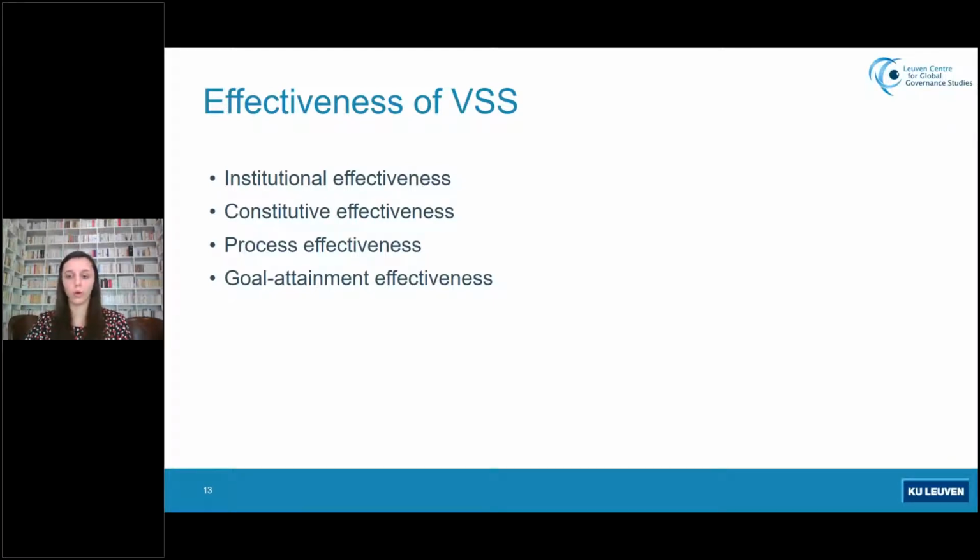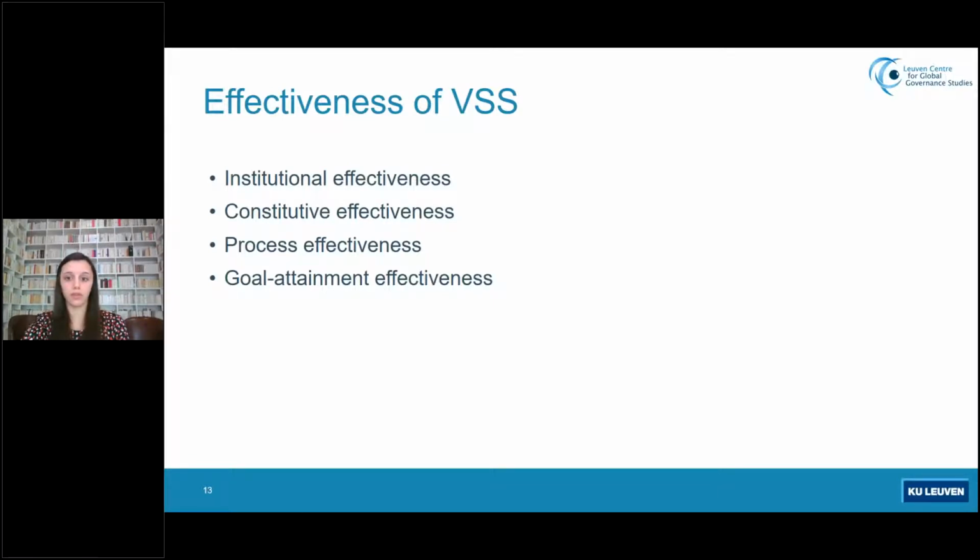When we talk about the effectiveness of VSS, basically it entails 4 different dimensions, and we will go over all of them. First, the institutional effectiveness of VSS refers to both the design of VSS and their content, so the content of the standards. Then constitutive effectiveness is about how VSS are recognized and by whom.